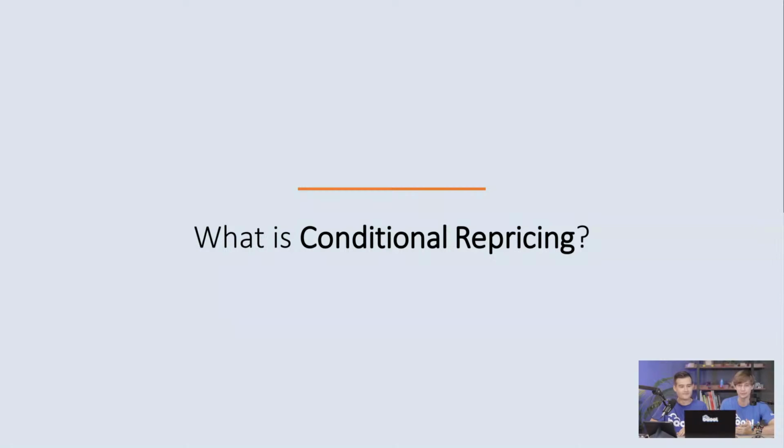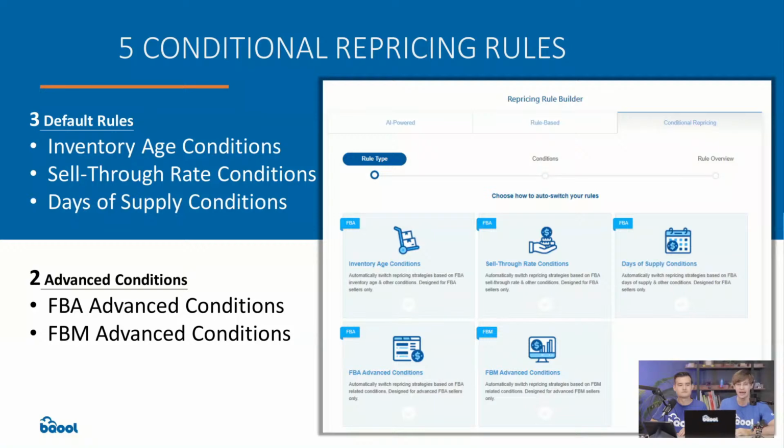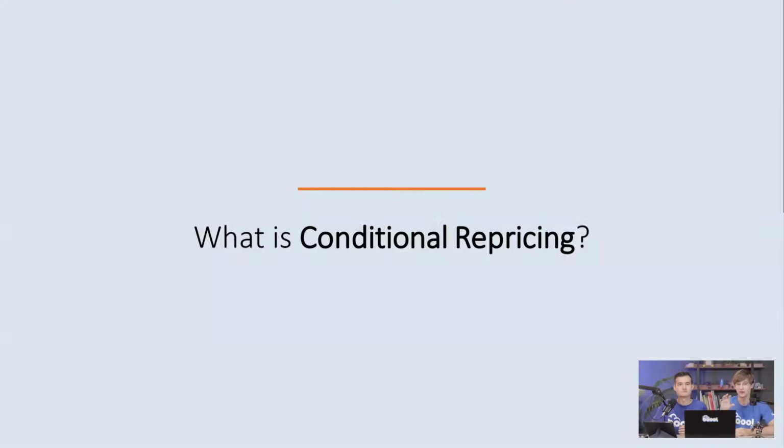So first, conditional repricing is a new level of AI and rule-based technology combined together. Before, in AI, you have different rules for different conditions, but you don't want to keep checking your Amazon Seller Central. You know that for different conditions you want to have different rules.